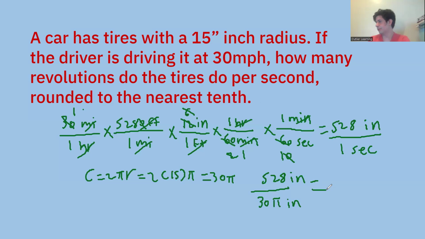We plug that in the calculator. We're going to get 5.6, and it goes on from there, but we can just say 5.6. Okay. And then revolutions per minute or per second.